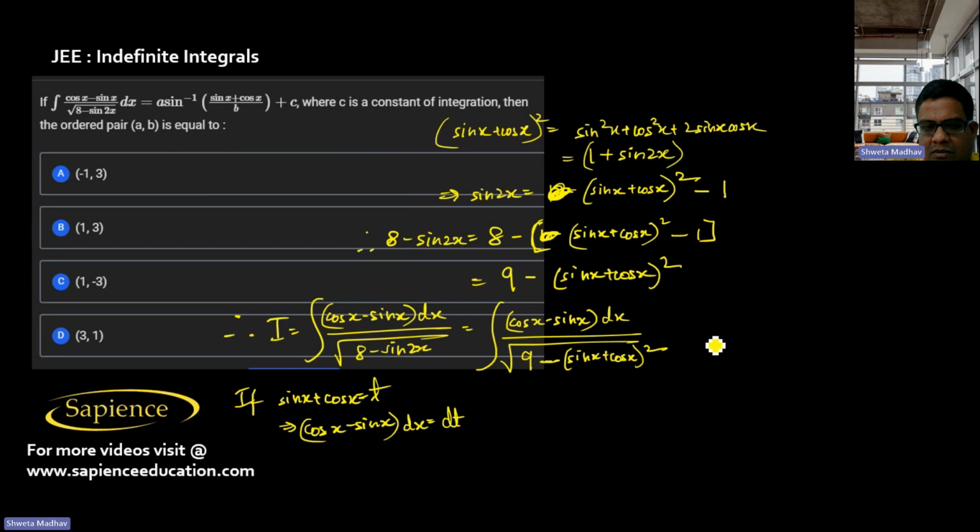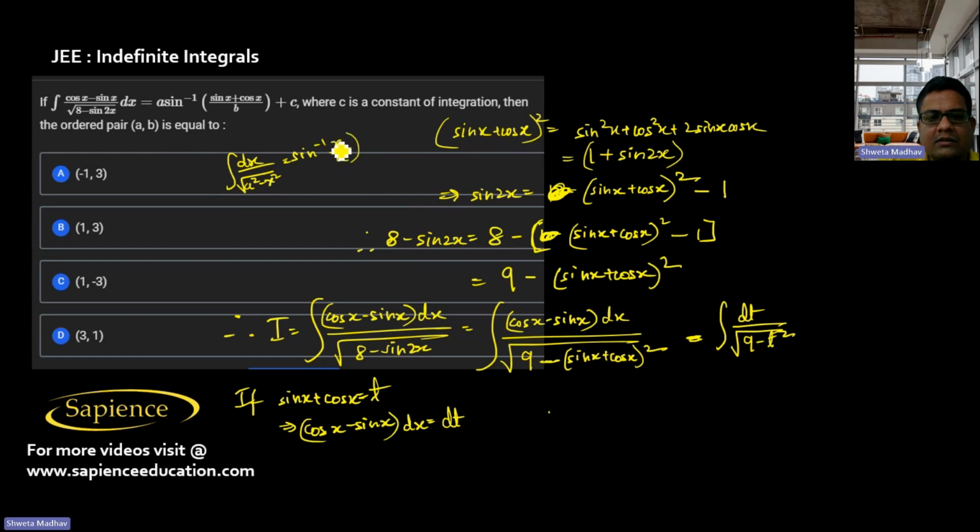So therefore this integral can be written as integral dt by root over 9 minus t square. Now we know that integral dx by root over a square minus x square is given as sine inverse of x by a.